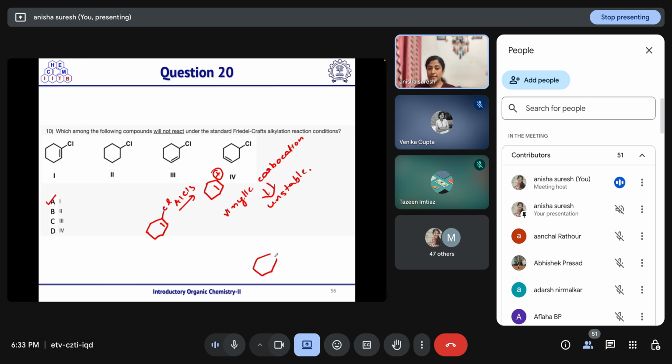In the other cases, here it will result in the formation of a secondary carbocation. Here, secondary carbocation. In this case, it will result in the formation of an allylic carbocation which is stable.